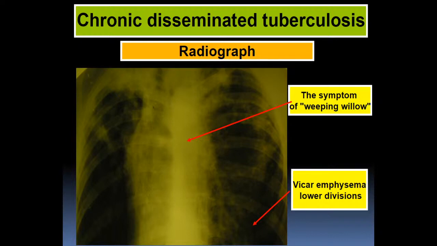This symptom is named symptom of weeping willow. In lower parts of the lung, we can see recurrent emphysema. If one part changes to connective tissue, other parts of the lungs can form emphysema.